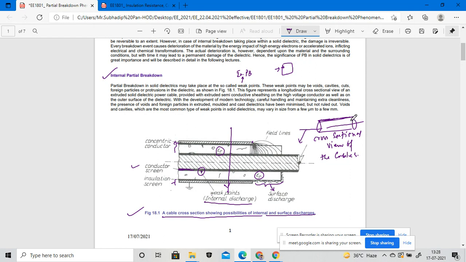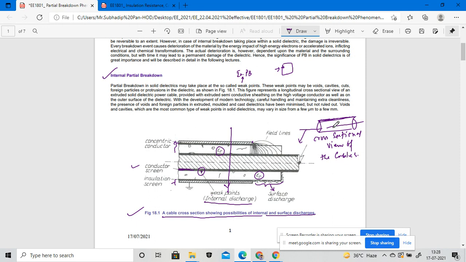So we can say the voids and the cavities are the most common type of weak points of solid dielectrics. Okay, and if we do not check on a regular basis, the voids and cavities will increase inside the cables, and that will damage the cables also.